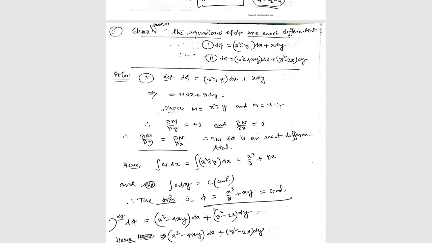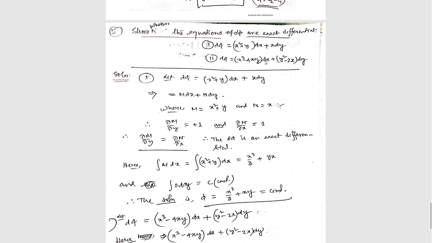Okay. Now another problem: show whether the following equations of d phi are exact differentials. You just have to test whether these are exact or not. First one is d phi equal to x square y dx plus x dy.